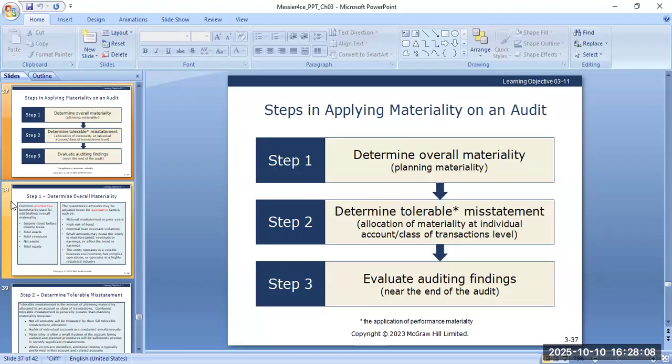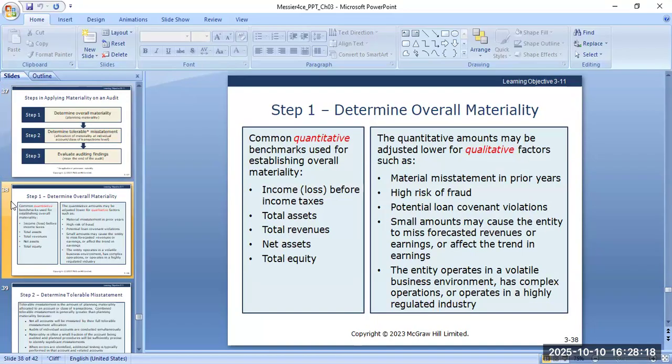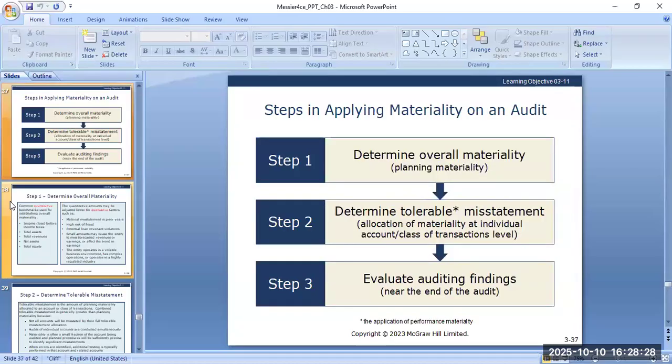One is called overall materiality, the other one is the performance materiality. That's how it's usually called in practice. A simple way to put it is, you should think of it this way: overall materiality is for the users of the financial statements. Performance materiality, in this case the tolerable misstatement, is the materiality for the auditor.